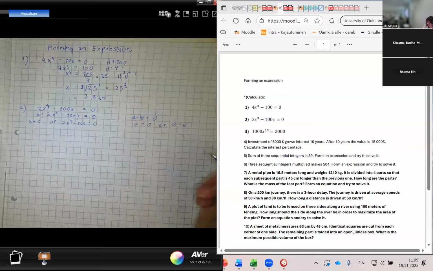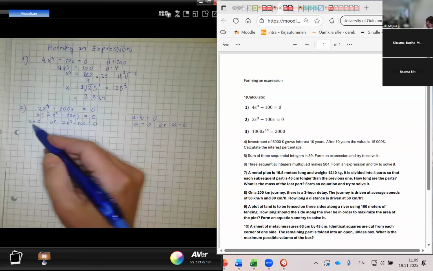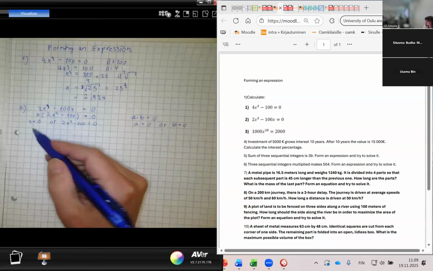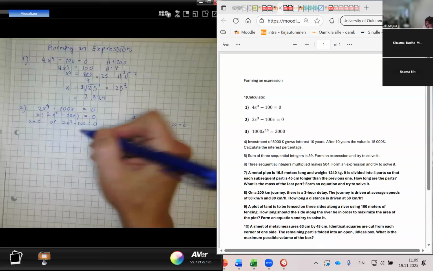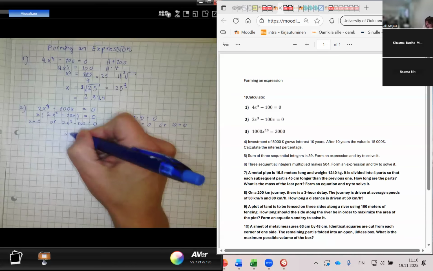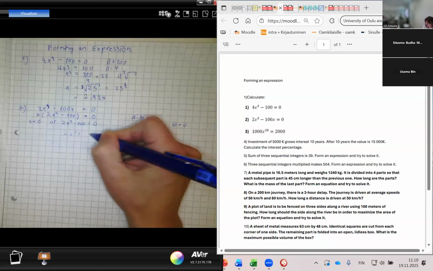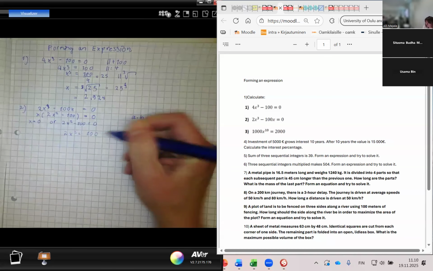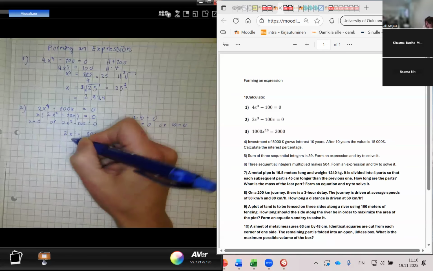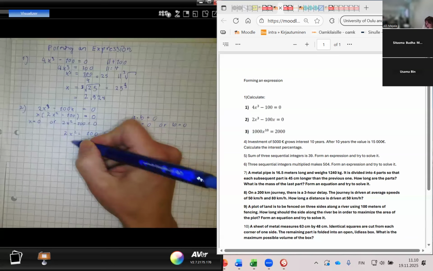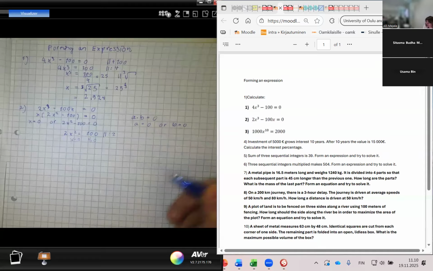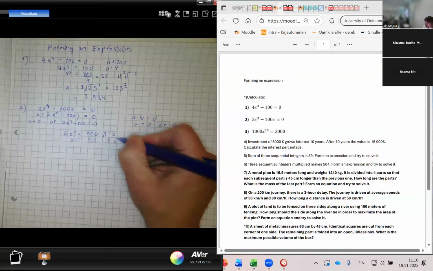Okay, now I have one solution, and the other I will continue with. So this is then 100, and then I of course divide, so x squared is 50, and then I take the root.